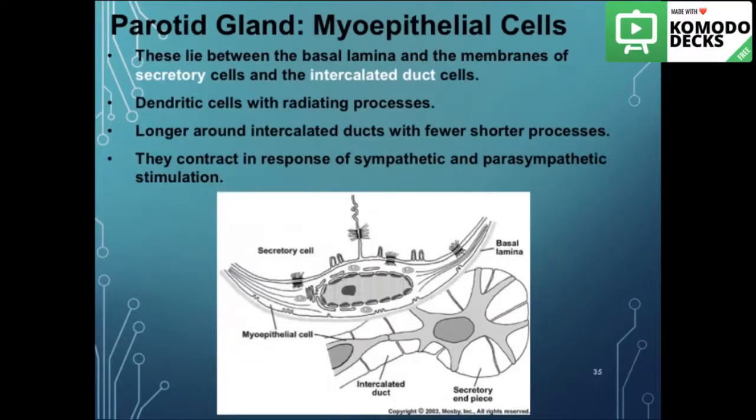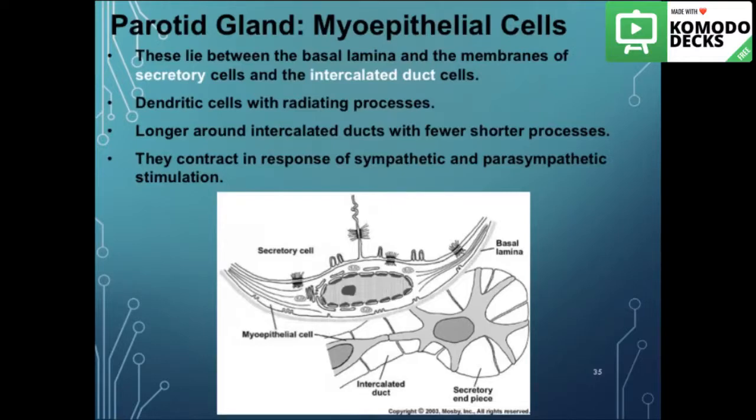Now, the myoepithelial cells. These are non-secretory cells. They are found between the basal lamina and the membranes of both the secretory cells in the acini and the smallest intercalated duct cells. These cells have dendrites and radiating processes.